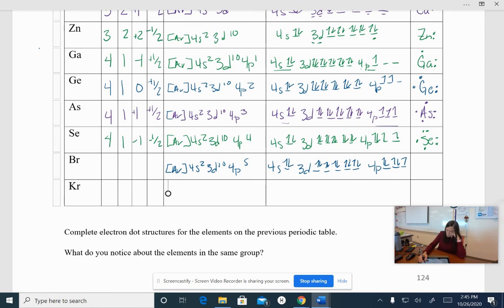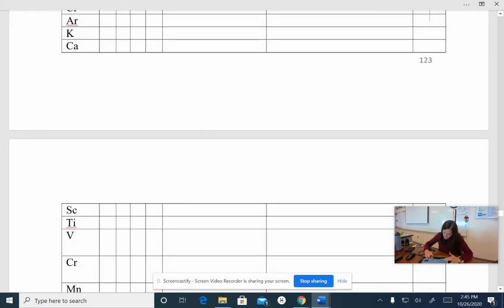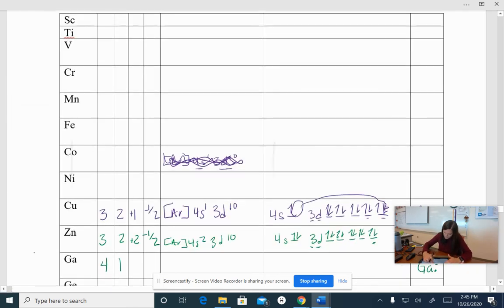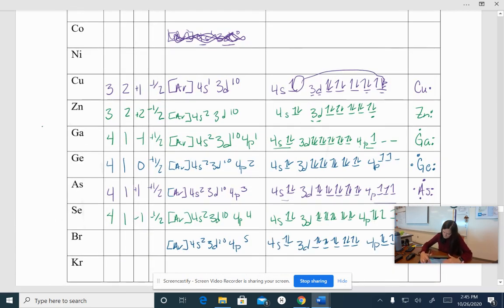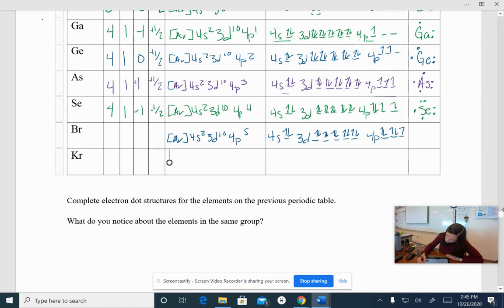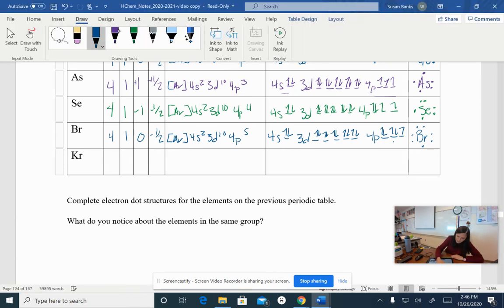So that will give bromine 7 valence electrons: 1, 2, 3, 4, 5, 6, and 7. That last electron we put in, fourth energy level, p orbital, it was the middle orbital, so 0, and it was a negative spin. Okay, and then last but not least of our things, krypton.